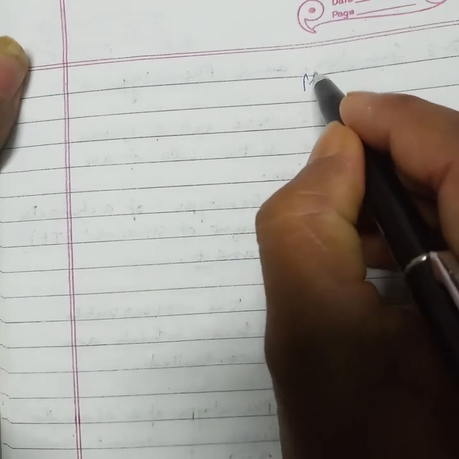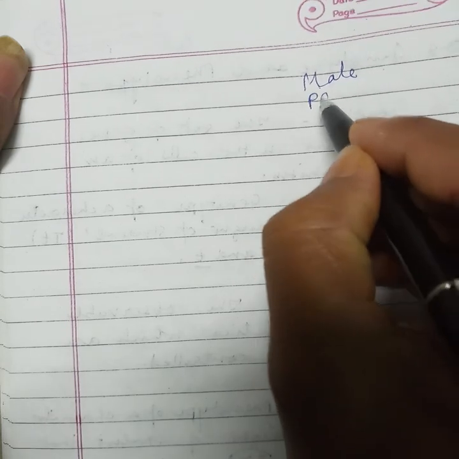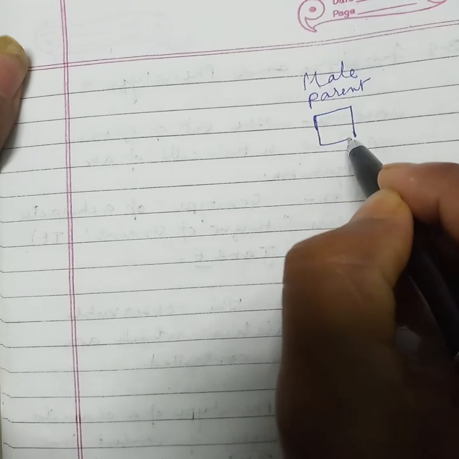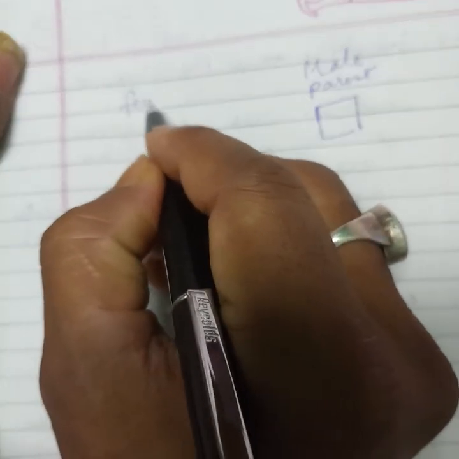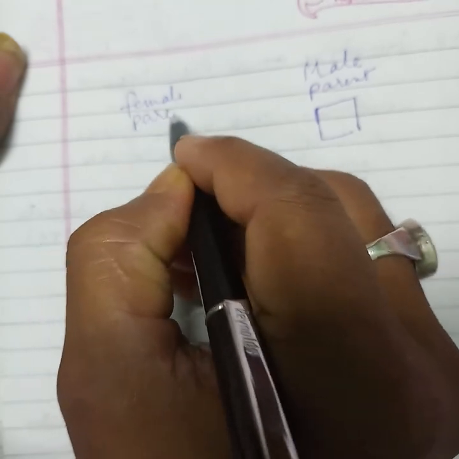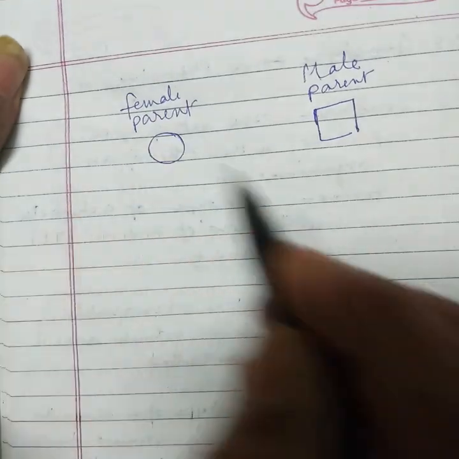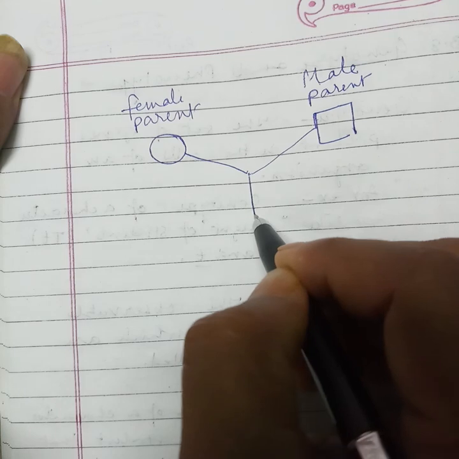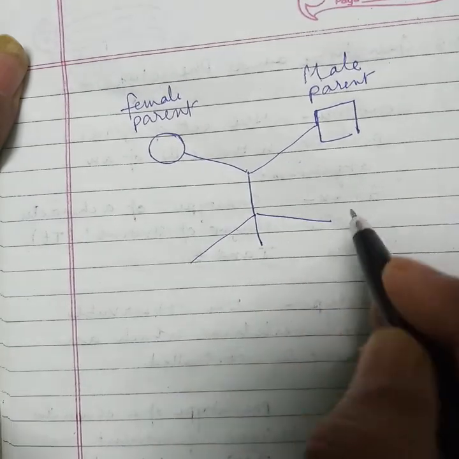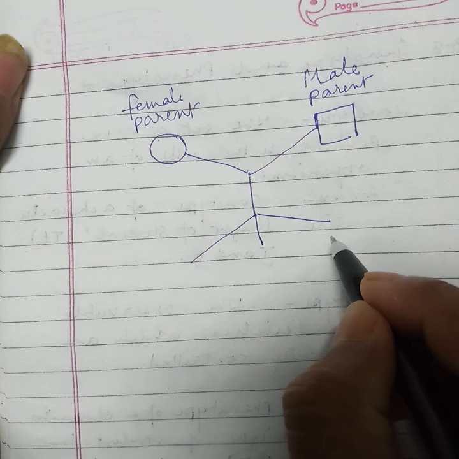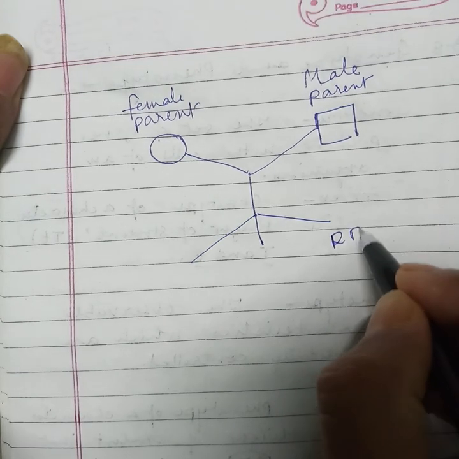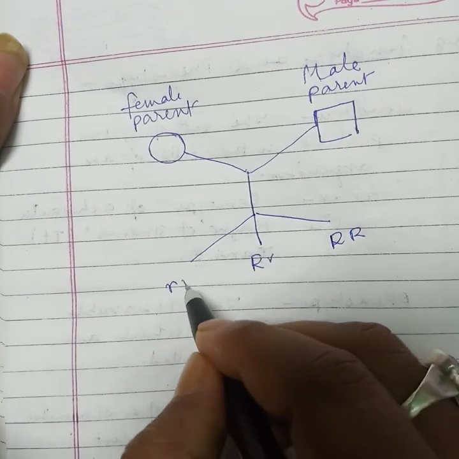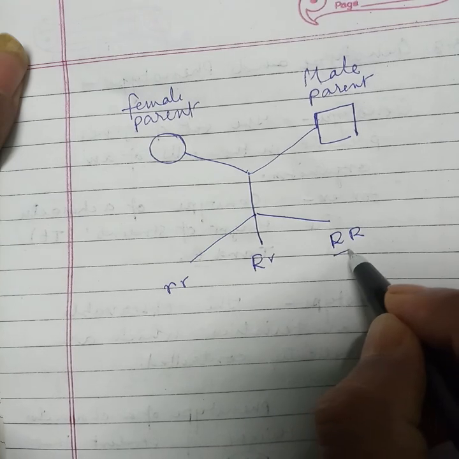So this is the male parent shown by a square. This is the female parent shown by a circle, and this couple has 3 children. The first is said to be homozygous dominant.